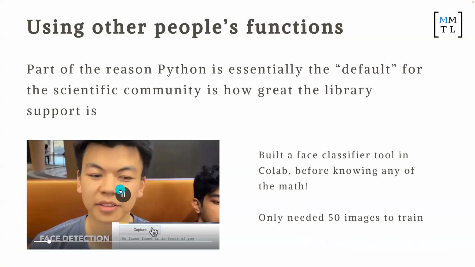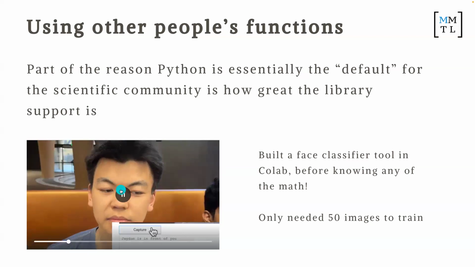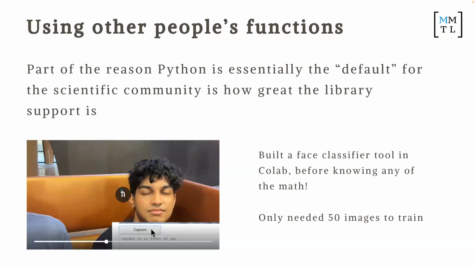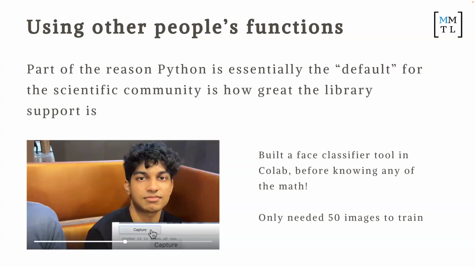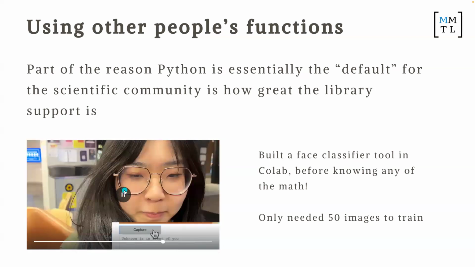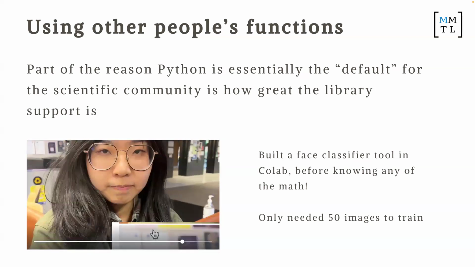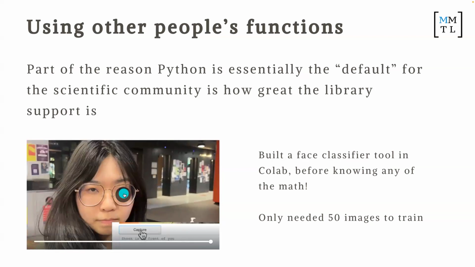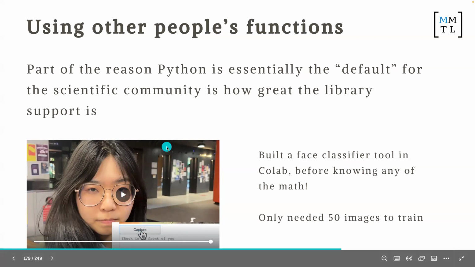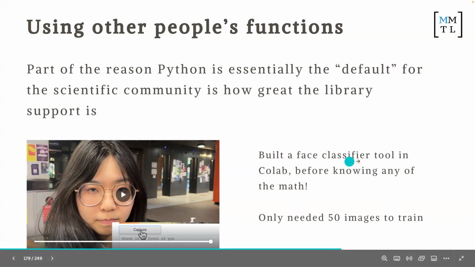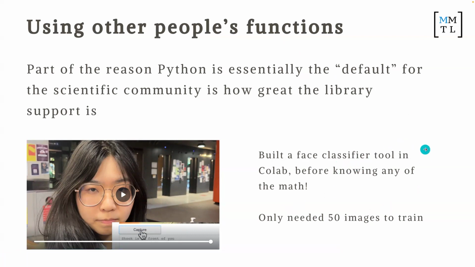You can capture, and it will recognize if it's someone I've trained or someone not trained. At the end it shows, wait, I had to get really close. Yeah. At the end. So basically, this is just using someone else's library with ChatGPT and without knowing any of the things before. And it's only 50 images, so it's pretty clever.